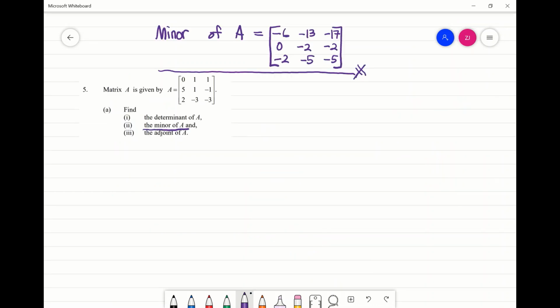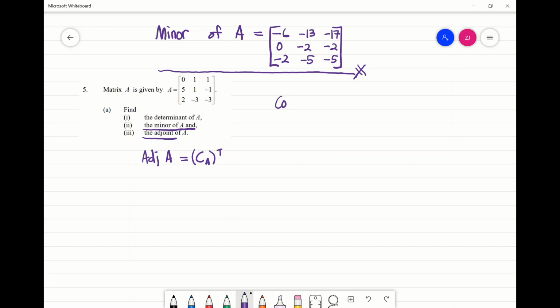So after we have got the minor of A, how to solve this? How to find the adjoint of A? We can write adjoint of A as ADJ. Adjoint of A is the cofactor matrix transpose. So how to find the cofactor matrix? We have the formula.